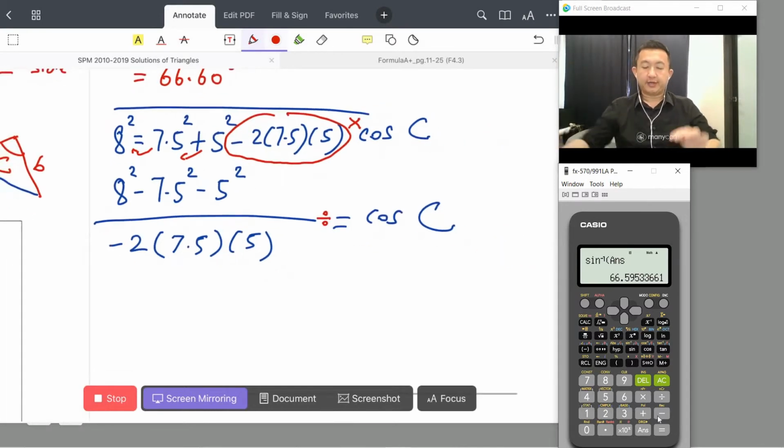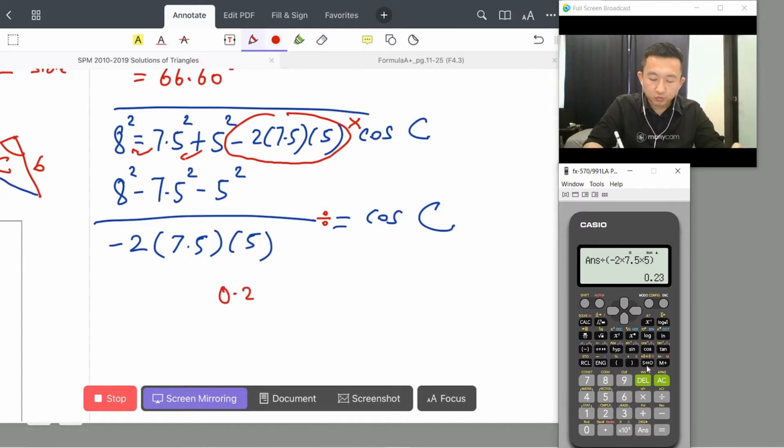Okay, and let's see what we have. x squared minus 7.5. It will be negative, yes, divide by negative 2. Okay, beautiful answer. So you have 0.23 equals cos C.